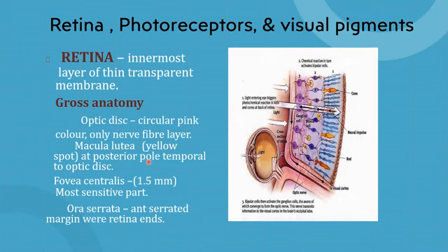The fovea centralis is 1.5 mm and is the most sensitive part of the retina, and the ora serrata is the anterior serrated margin where the retina ends. For understanding these terms, open the textbook and see the structural anatomy of the eyeball.